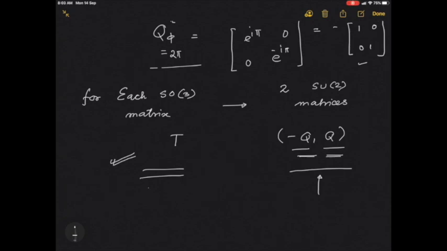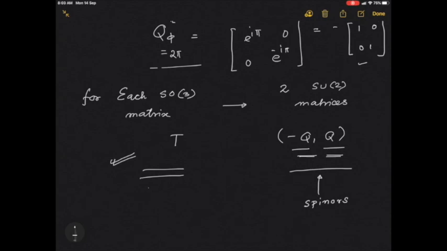And then this type of objects where you distinguish minus q and plus q are called spinors. And they represent the spin degree of freedom of the objects. So when you say spin angular momentum, this is the connection between the angular momentum in classical mechanics and the spin angular momentum in quantum mechanics.